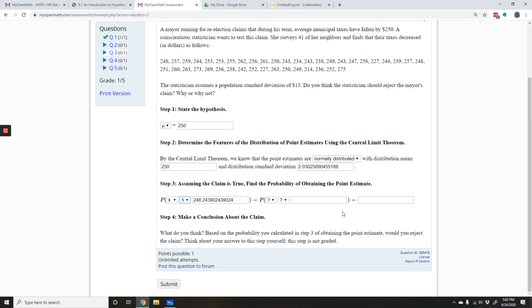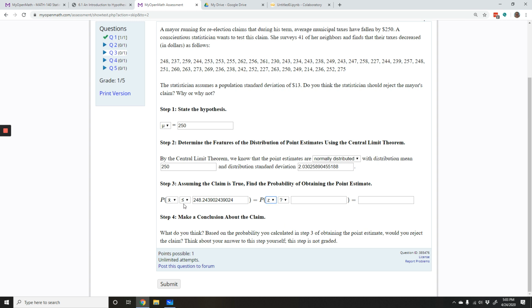And then here, we want to convert that to a probability, either using z-scores with a standard normal distribution, or t-scores with a t-distribution. In this case, we already know that our distribution of sample means is normally distributed, and so we're going to convert to a standard normal distribution using z-scores.